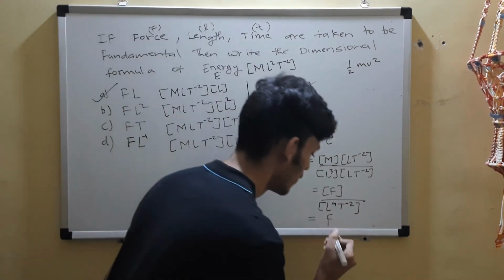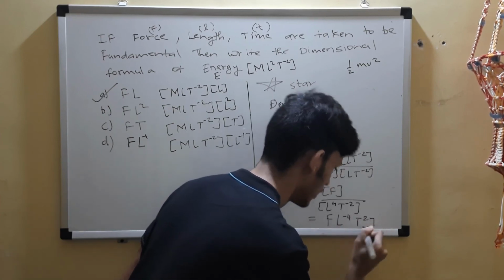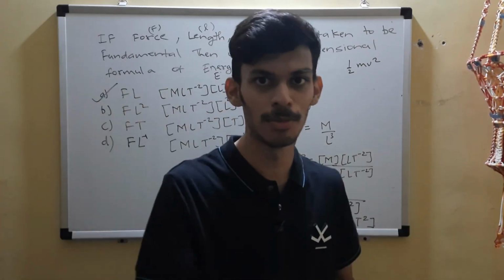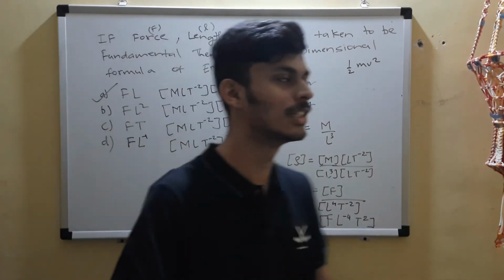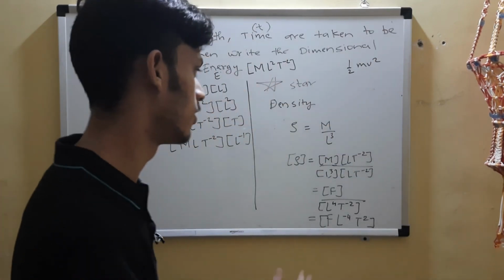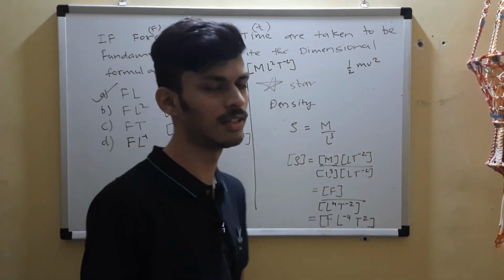Done. This is so simple, right? If you could get it. This is very wise manipulation. It's only for pros. Beginners prefer either this method or the previous one, which is very basic, and you'll get the answer within some time.